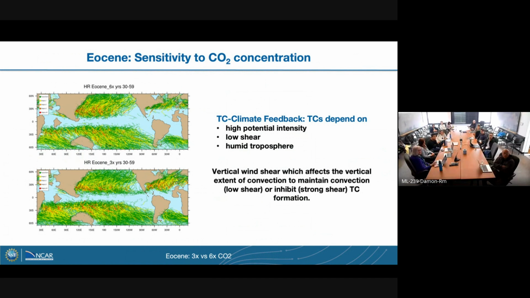What has been found in other studies, both Fedorov with some idealized aquaplanet, and also some work that Jeff Kiehl did where he had fixed SSTs, is that vertical wind shear affects the vertical extent of convection, so you need low shear to maintain convection, while strong shear inhibits it. There was an increase in shear in this location, so it kind of topped it off, whereas there's lower shear as you get farther north.